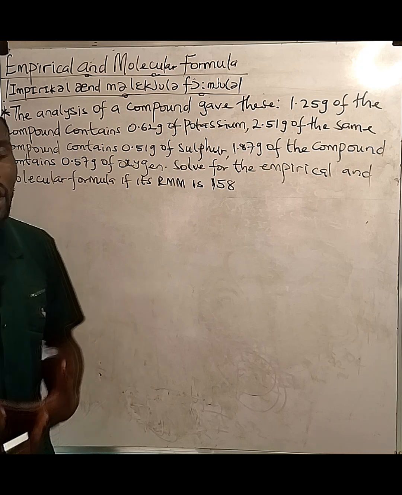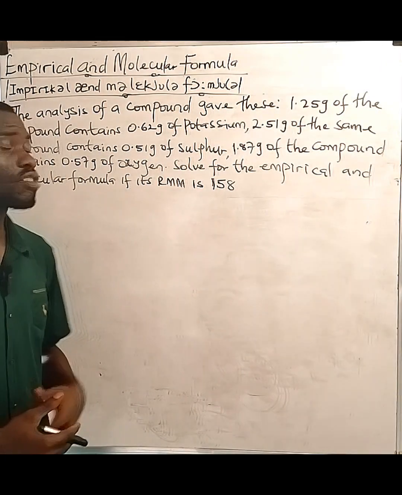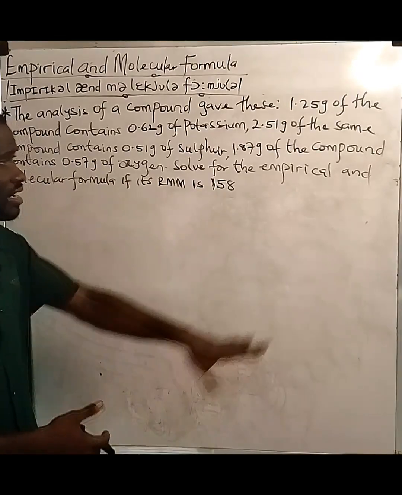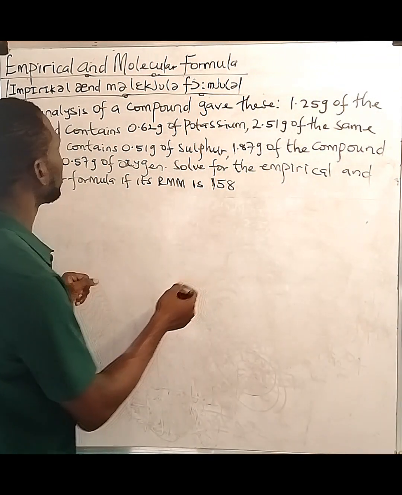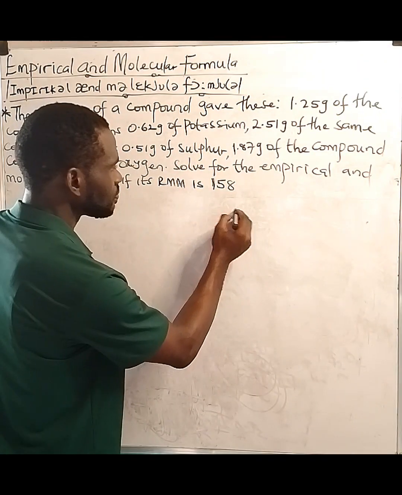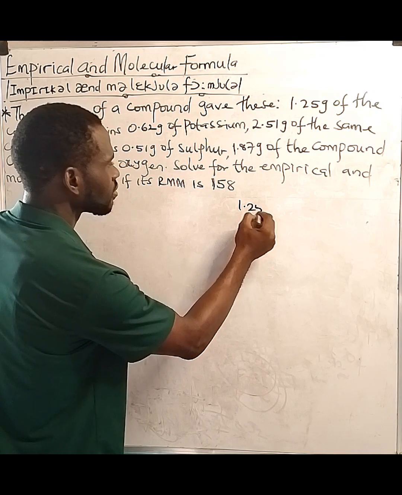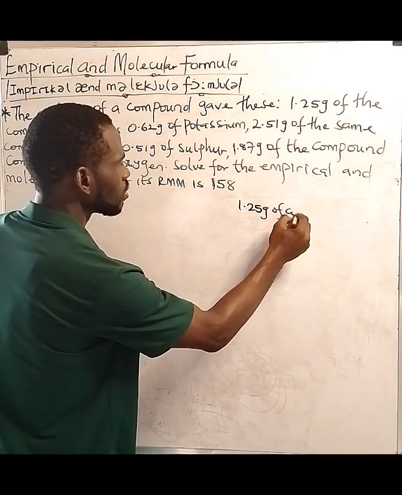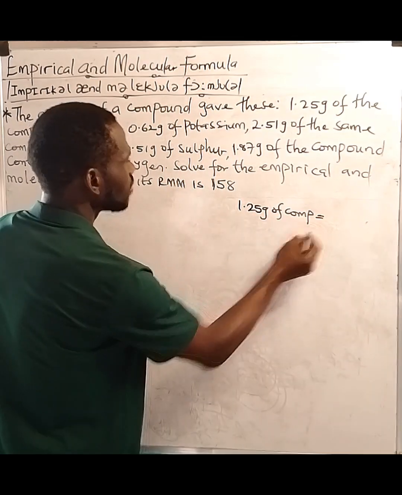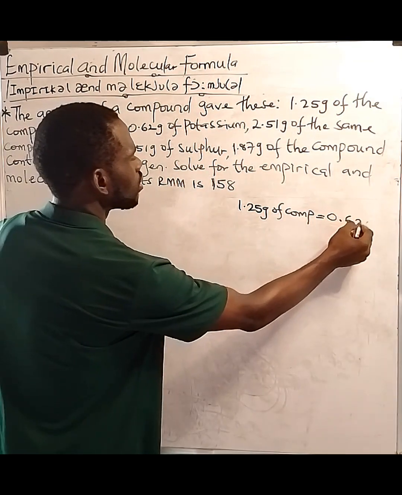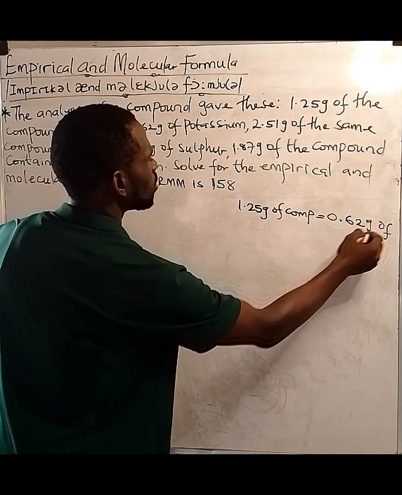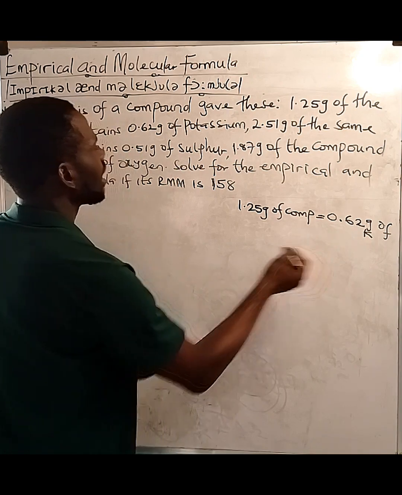Now the first thing we're going to do is to write out the parameters. Let's write out all the things we're given. First, 1.25 gram of the compound contains 0.62 gram of potassium, represented by kalium.